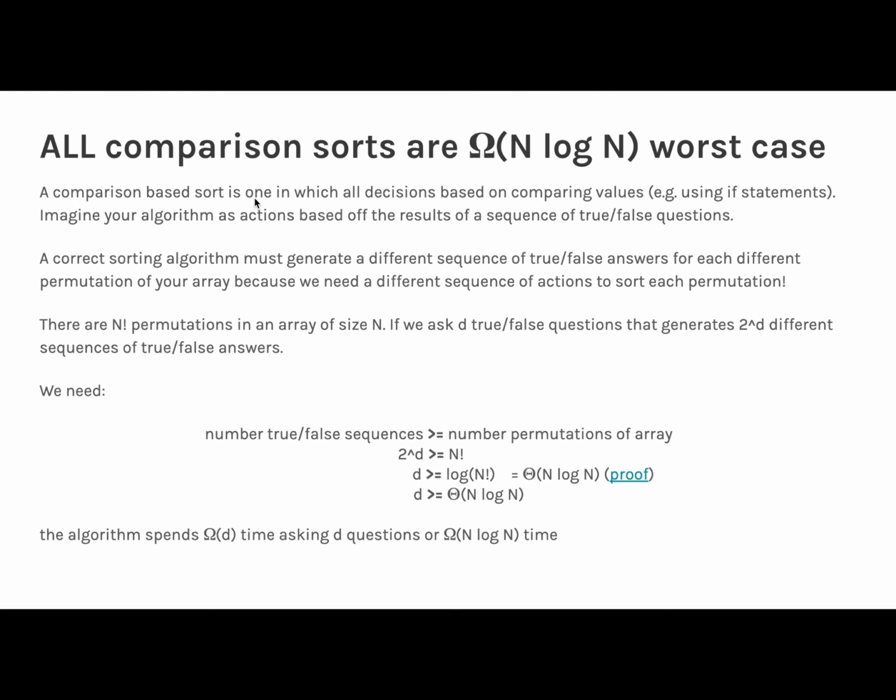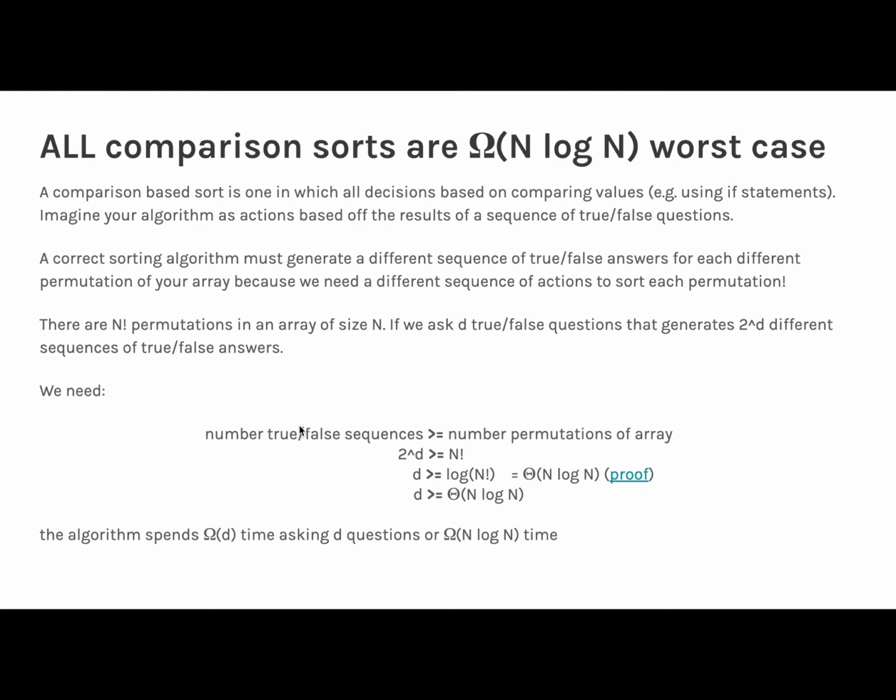So, as we said, we want the number of true-false sequences to be greater than or equal to the number of permutations of our array, so that each permutation has a different true-false sequence. Because the true-false sequence corresponds to a different set of actions that we need in order to sort the array.